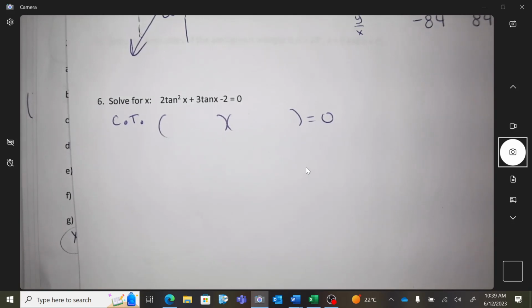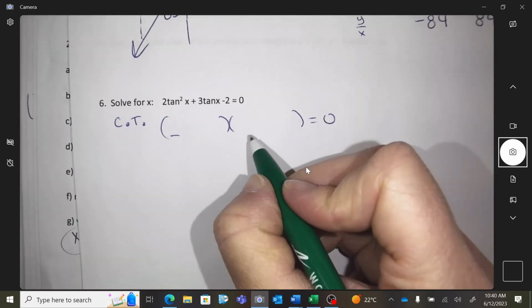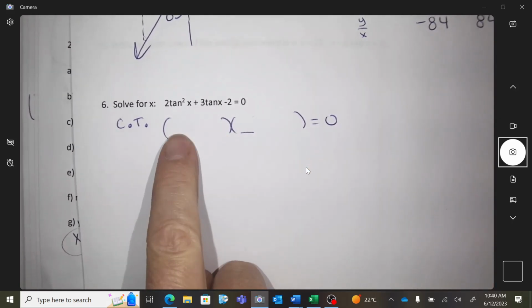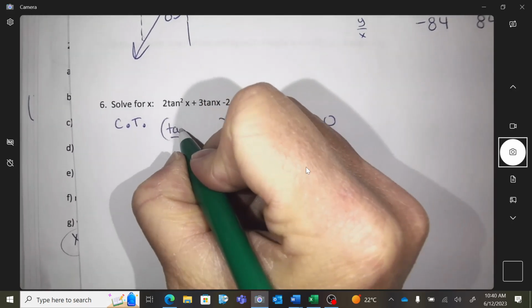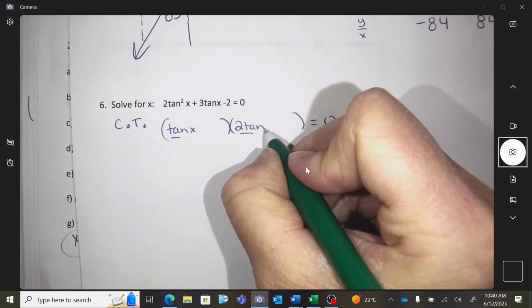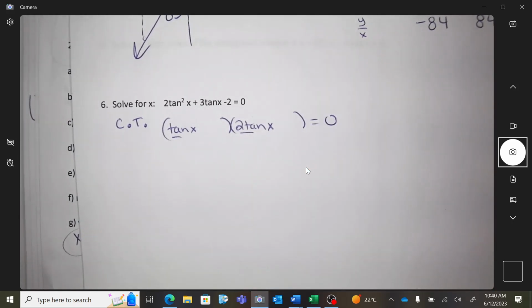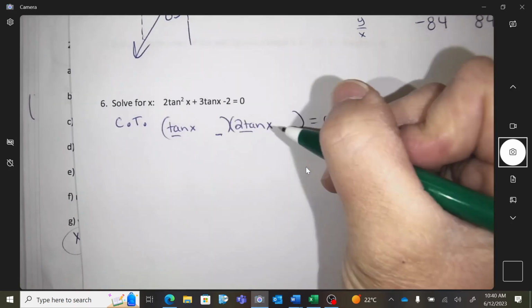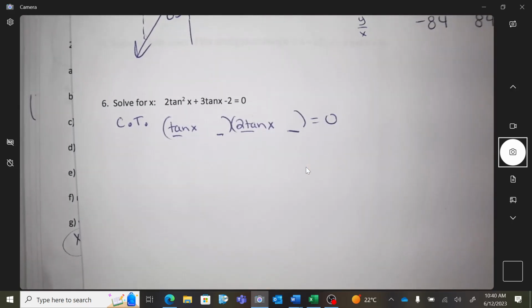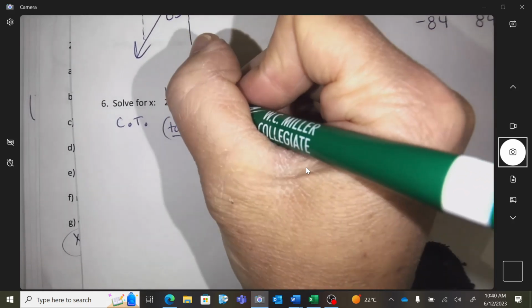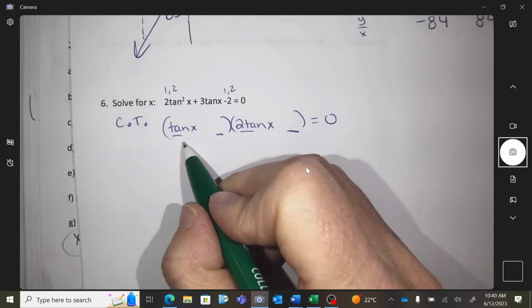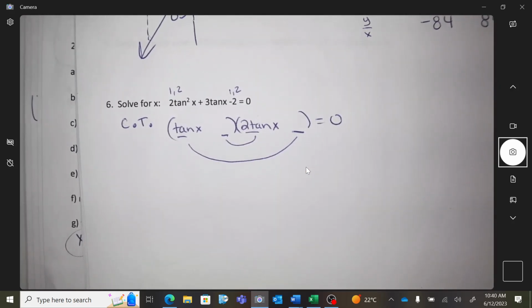You can, but you should be able to play around with your numbers. Okay, what times what makes 2 tan squared? What do you need? Tan x and 2 tan x. There's not many options. What times what makes 2? 1 and 2. Get your O and your I. What do you want to put here?